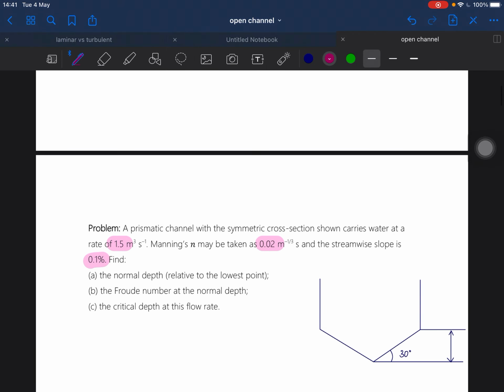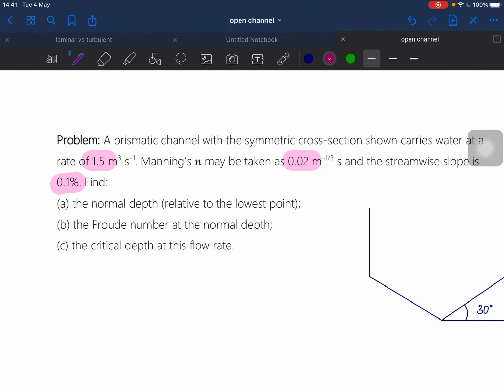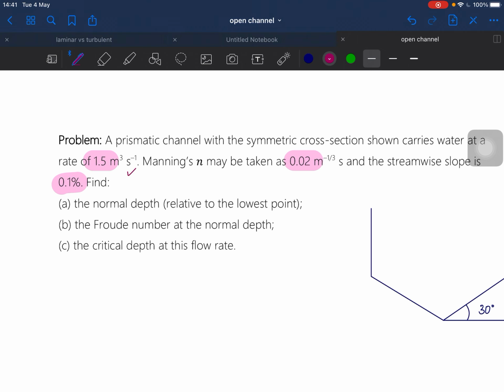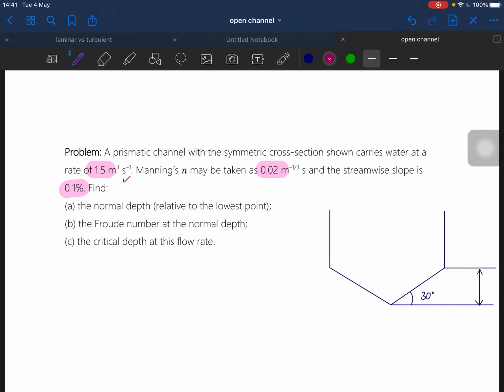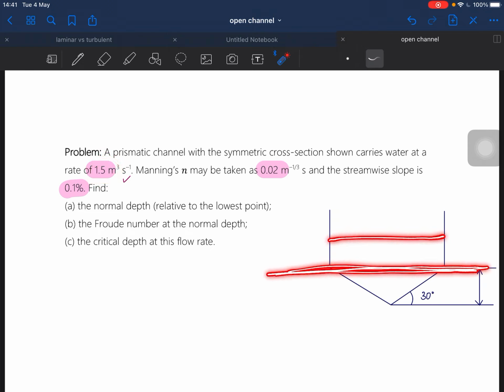In the problem here, they said it carries water at this rate. So the normal depth here is lower. In this case the water is flowing like this, right? So we can see that this is flowing over the V line here.